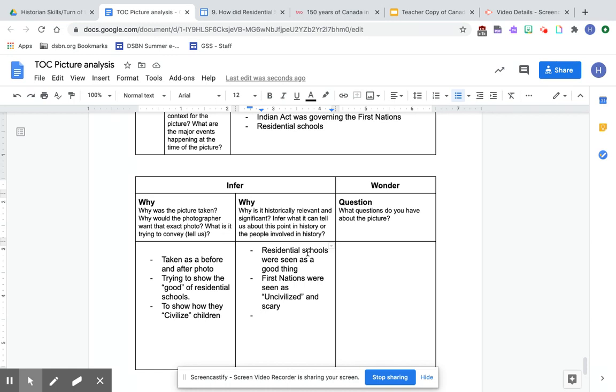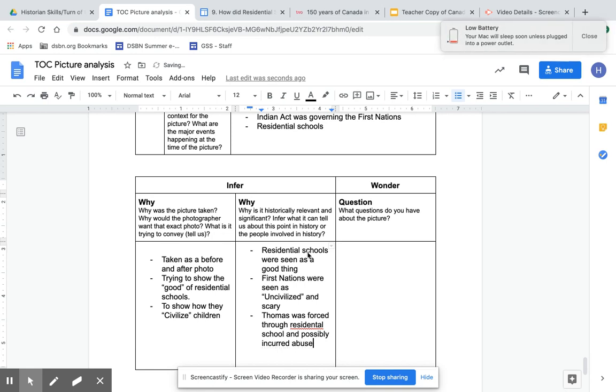And then we know that it tells us about the people involved. It tells us Thomas was forced through residential school and possibly incurred abuse and horrible treatment.